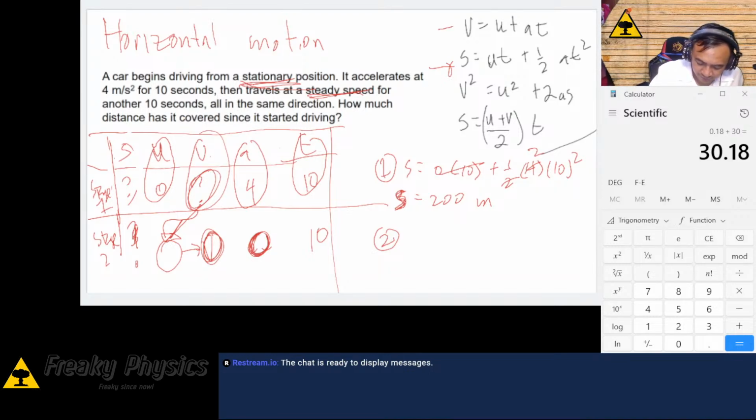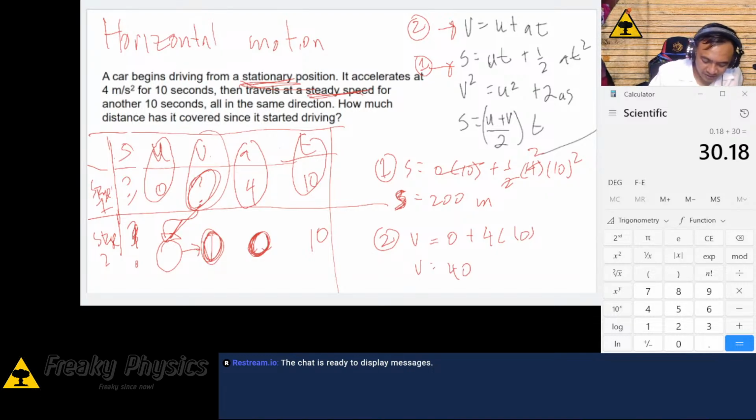UVAT. So part 1 is that, part 2 is v equals u plus at. We don't know v, we keep that as v. u is 0 plus a is, sorry, not 10, but 4, times t is 10. So v is equal to 40.